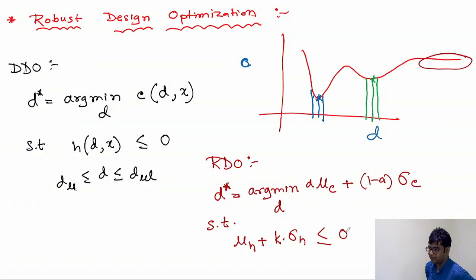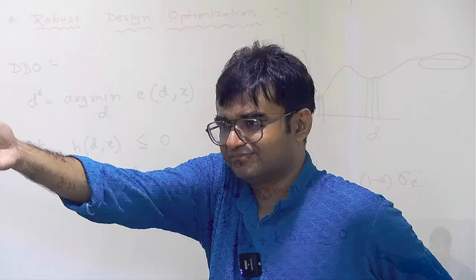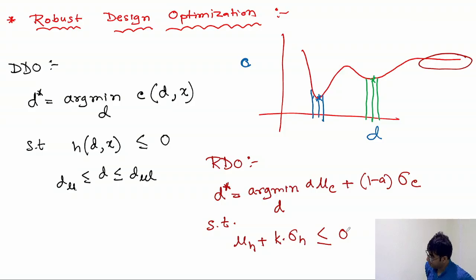C and H both. So the objective function is mu of C, right? You will take C and expand C in terms of X and D with respect to, let's say, the mean. We want mu H and sigma H. We want mu C and sigma C. So I will take C and H. Look at the left hand side.